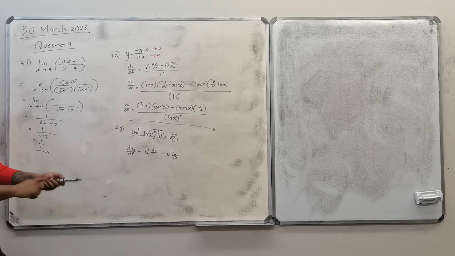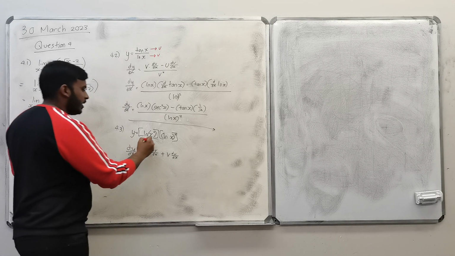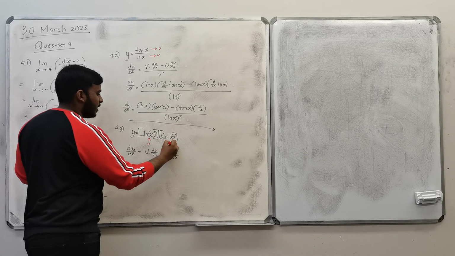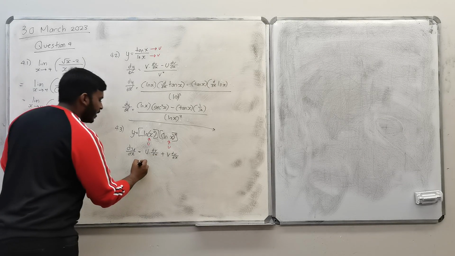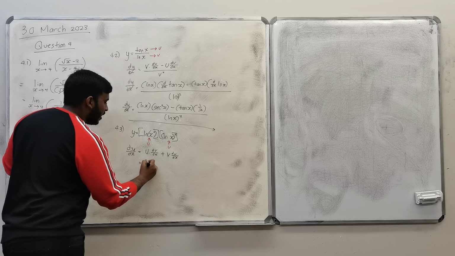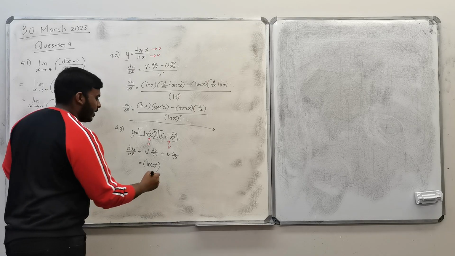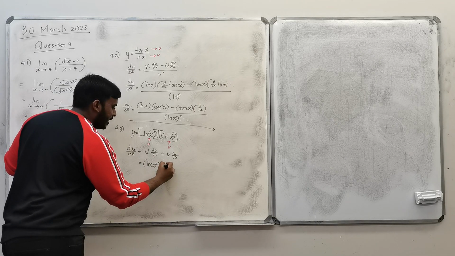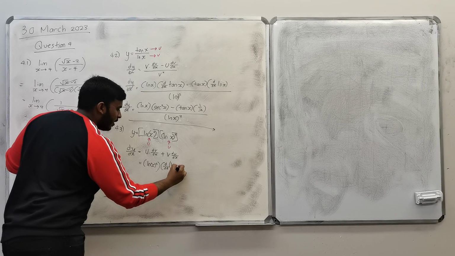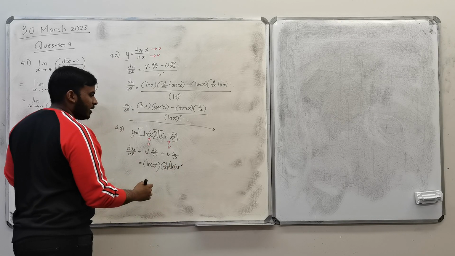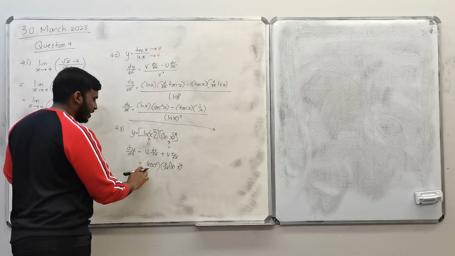Yes. Right. So in this instance, this term here is u, this term here is v. So u is ln of x squared times d over dx of ln of x squared.